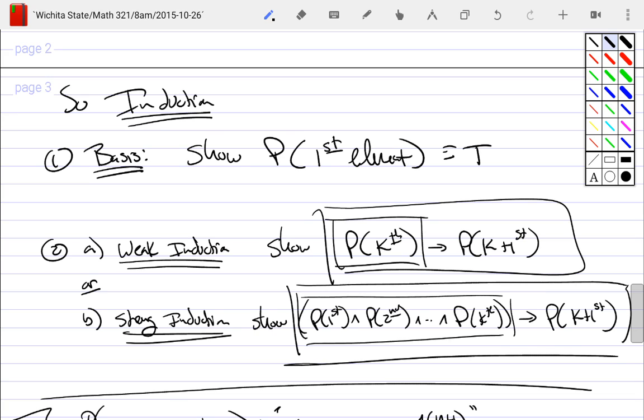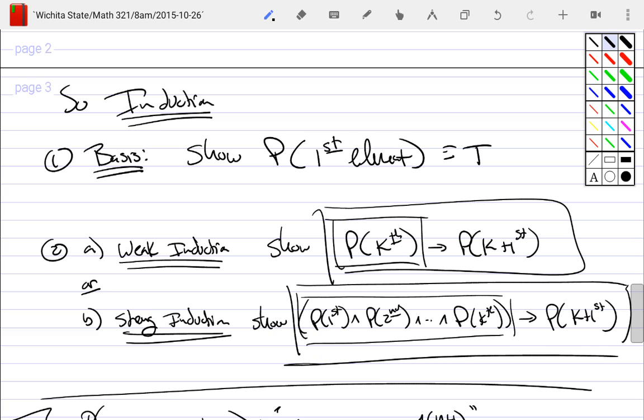Because what's the left-hand side of an implication? The hypothesis. What's the right-hand side? The conclusion. Why is it called the inductive hypothesis? Because it's in the inductive case, in the inductive step. So in the inductive step, the thing that I'm going to assume is normally called the inductive hypothesis. Everybody okay with that? The left must imply the right. I just assume the left under a direct proof.